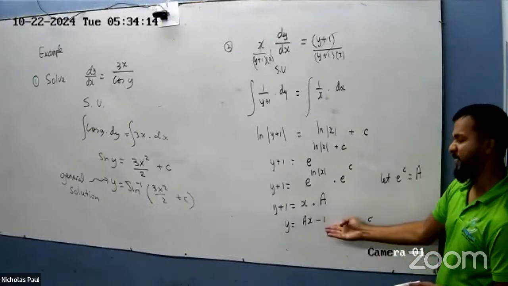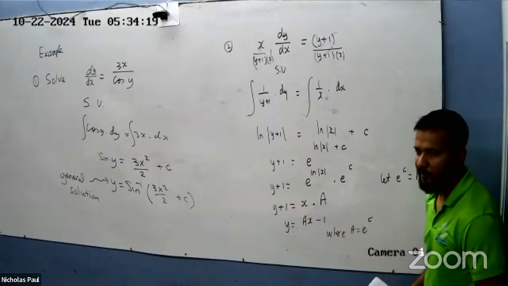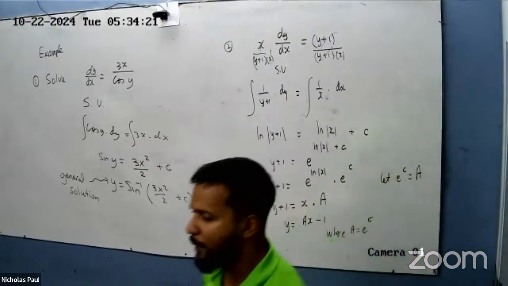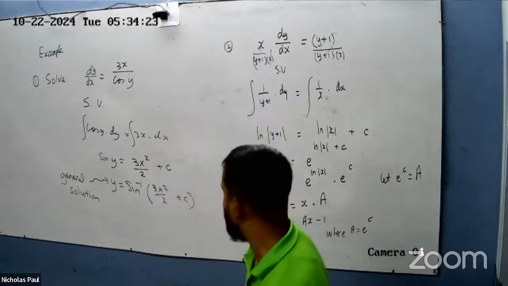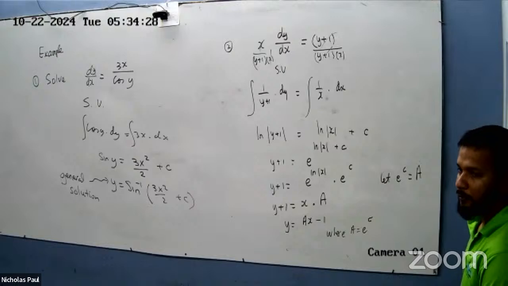It's just to make it look nicer, no major reason why. You can leave it like e to the c x.